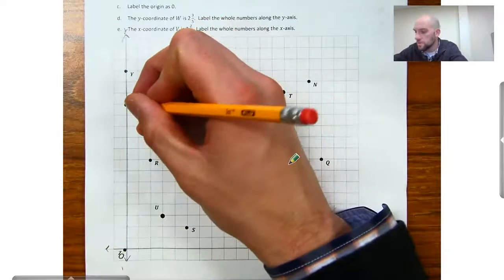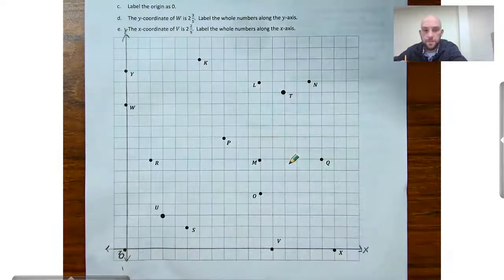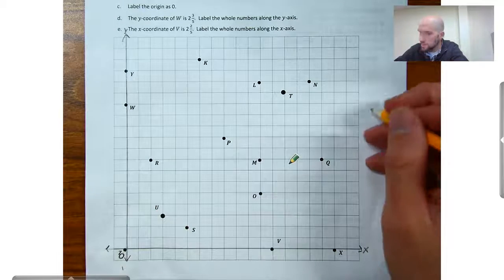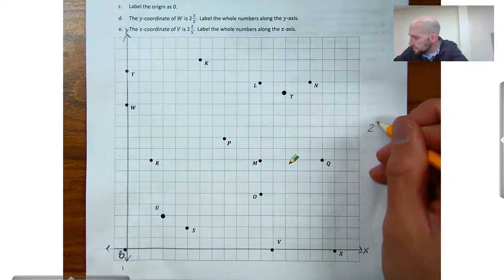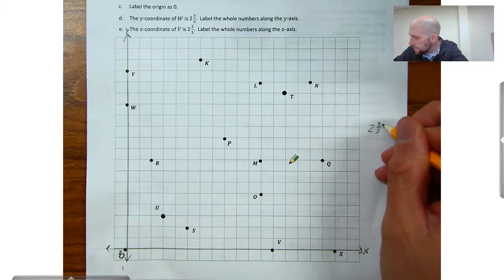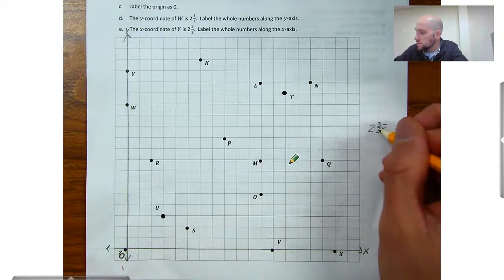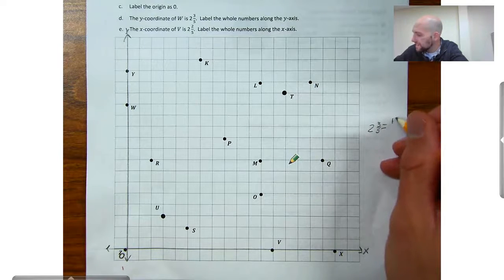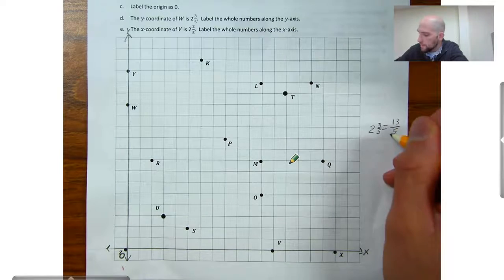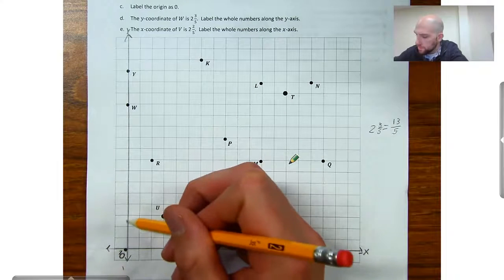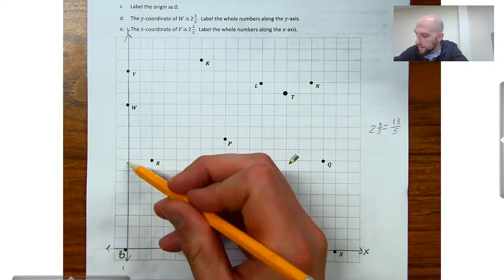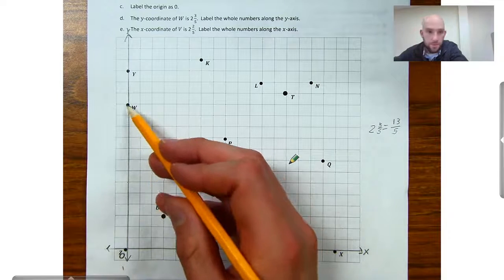So W right here is 2 3/5. 2 3/5 is the same as 5 times 2 is 10, plus 3 is 13/5. And we go 1, 2, 3, 4, 5, 6, 7, 8, 9, 10, 11, 12, 13 up to W.